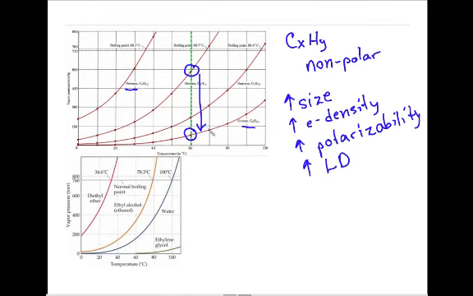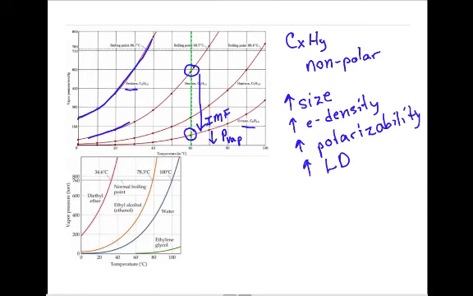So we see in this direction an increase in IMFs. So we saw a decrease in the vapor pressure. Okay. Now, you also notice that in general, as temperature increased, the vapor pressure increased for every one of them. Okay, so that's true across the board.